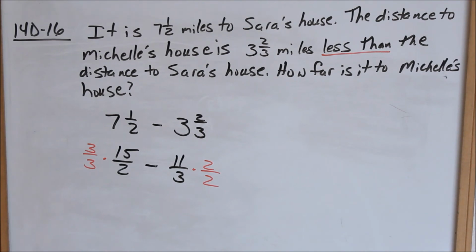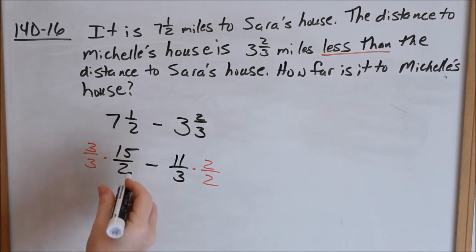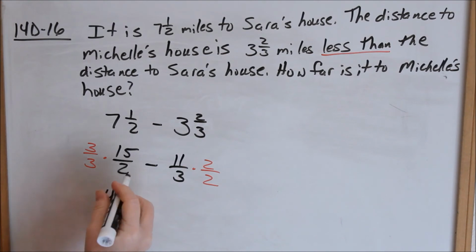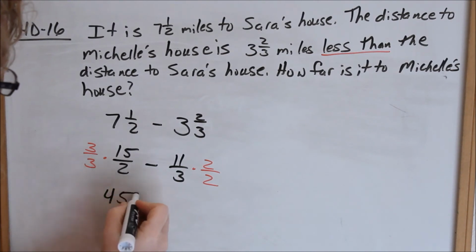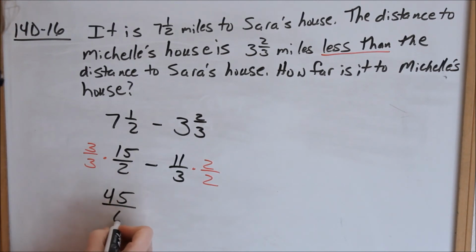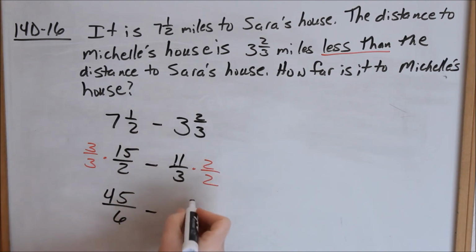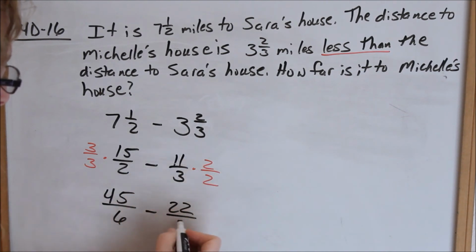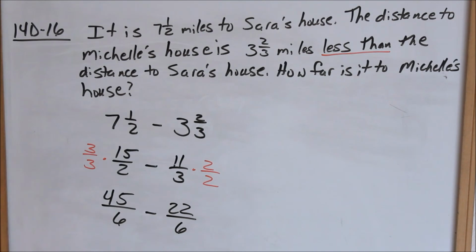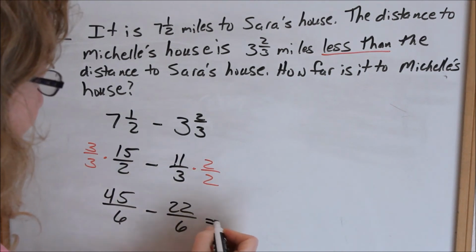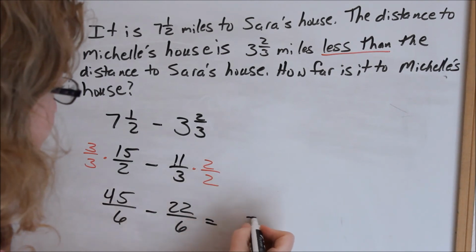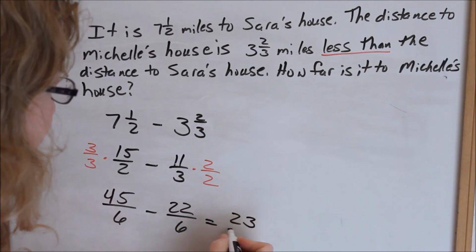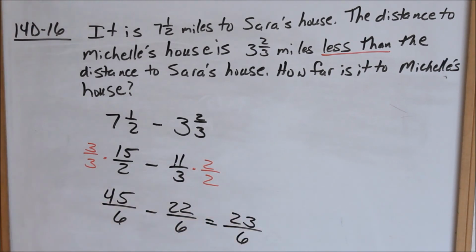Then multiplying fractions, you multiply straight across. 3 times 15, 45 over 3 times 2, 6. 11 times 2, 22, 3 times 2, 6. Now that you have a common denominator, you only add or subtract the numerator. 45 minus 22 should be 23, and the denominator always stays the same.